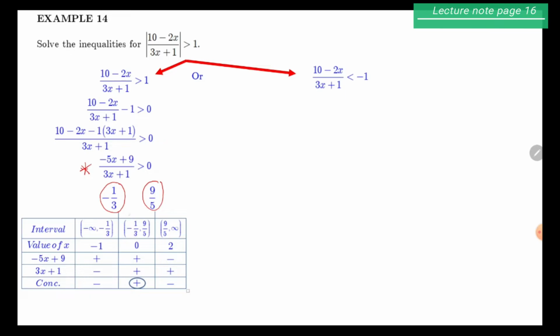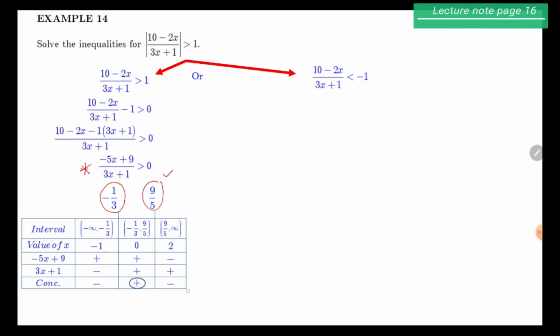So these are the critical numbers. The intervals I have here are from negative infinity up until negative 1 over 3, then from negative 1 over 3 up until 9 over 5, and from 9 over 5 up to infinity. All of them will be open intervals since the sign that we have here is greater than.